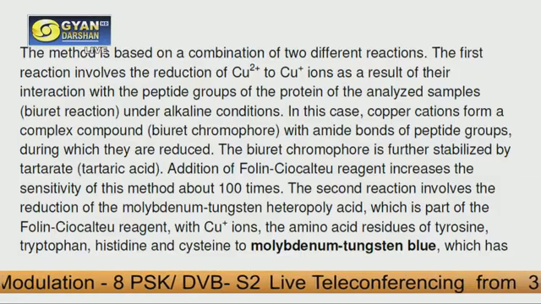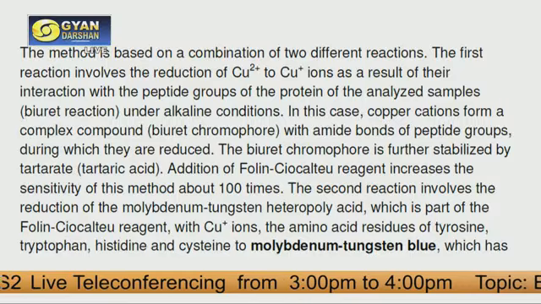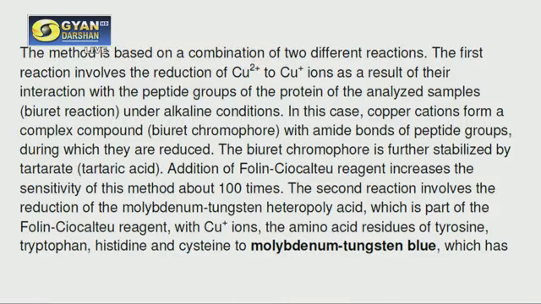So that is in short about the estimation of the protein. And once more, if we just go through the basic reaction, that is reduction of Cu2+ to Cu+ ions as a result of interaction with the peptide group of the protein of the analyzed samples. Under alkaline condition, copper cations form a complex compound with amide bonds of peptide groups during which they are reduced.